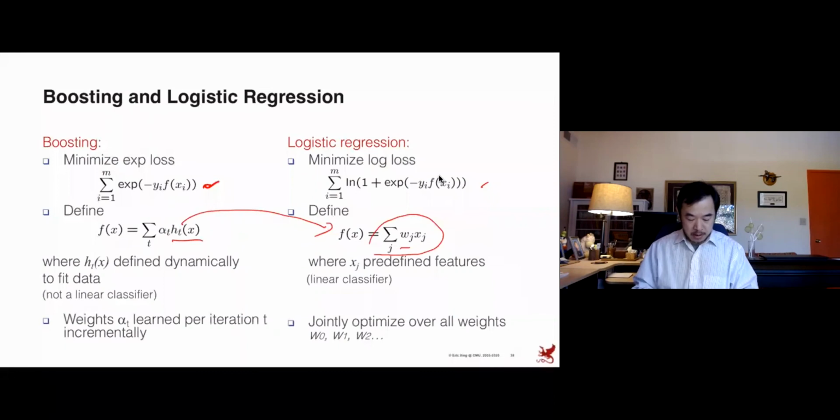Of course, we learn the weights in here, and we learn the weights in here. Make sure you don't confuse them. One thing to remember in machine learning is that after you learn too many algorithms, you may get lost about their counterparts. You may start to compare oranges with apples.